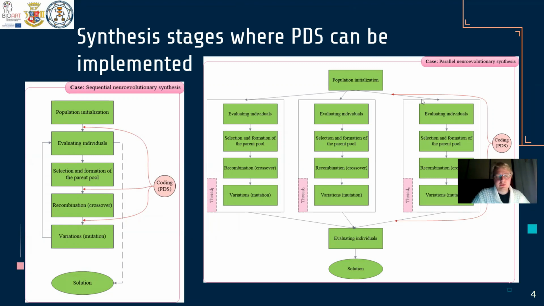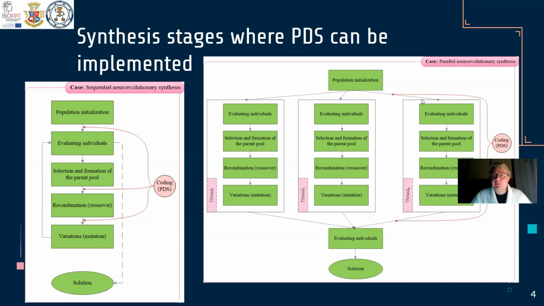These individuals will be the neural nets. And what is more interesting, when we talk about sequential execution, we will have some interesting stages: the stage of mutation or variation of our individuals, and the stage of recombination, when we select the best solution.